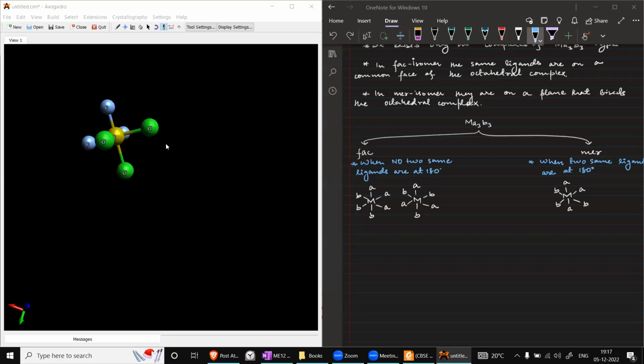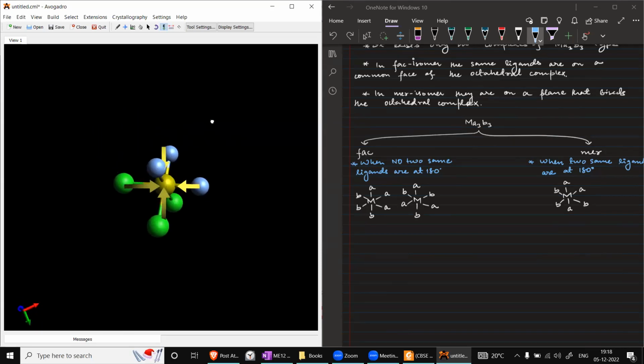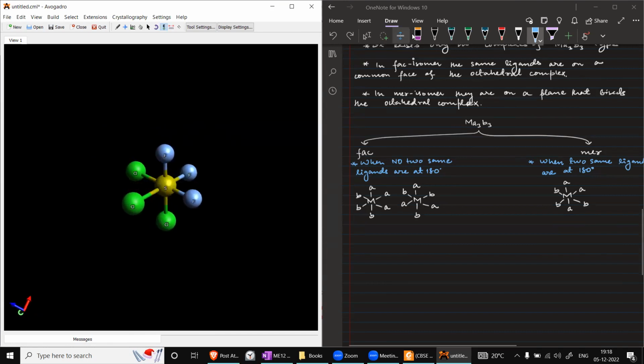Okay, guys, please see. In the first case, can I say that this is the first structure? This one? Yes or no? Can all of you see that? Yes, sir. This is the first structure, right? We have A. Let me erase this.